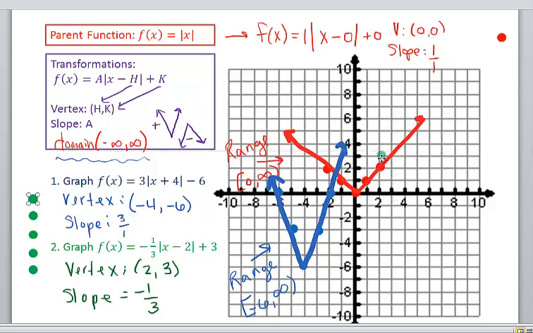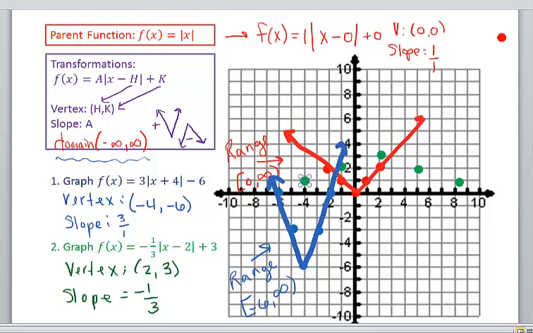So to the right 2 and up 3. And from there, I want to count down 1 this time and to the right 3. So from this green point, down 1 to the right 3. From there, I'd go again, down 1 to the right 3. Okay, I'm going to do that again, but this time I'm going to go from the vertex down 1 and to the left 3. And then from there, I'm going to go down 1 to the left 3 again.